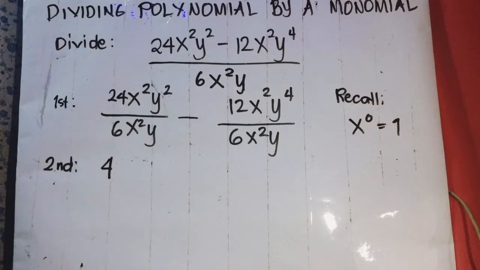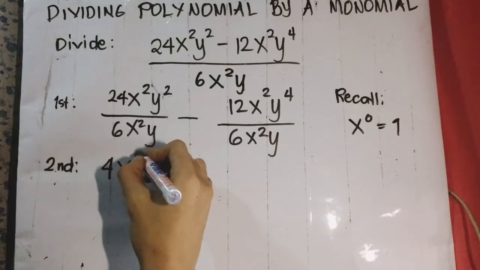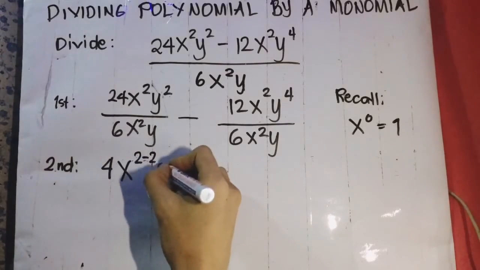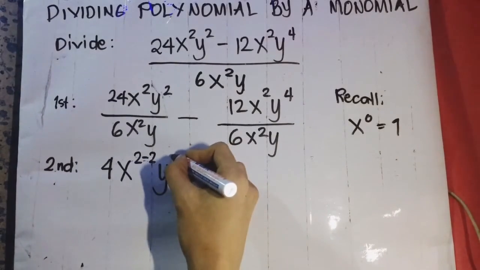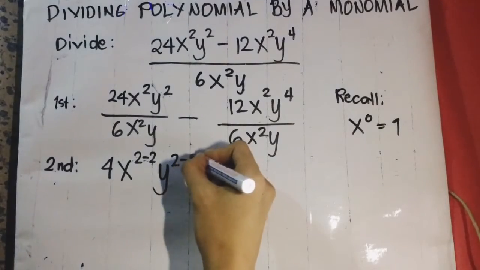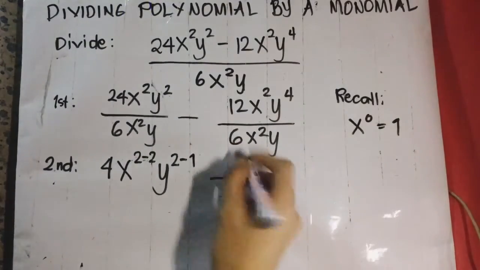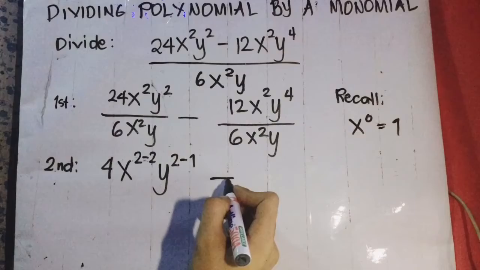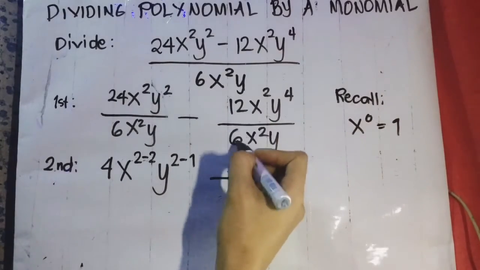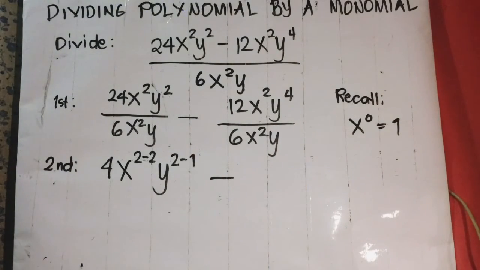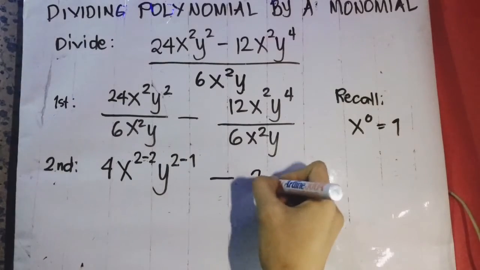According to the quotient rule of exponents, we copy the base x and subtract your exponents, 2 minus 2. Copy the base y, subtract your exponents, 2 minus 1. Minus, this one, bring down. Then we have 12 divided by 6. What's the quotient? It is 2.